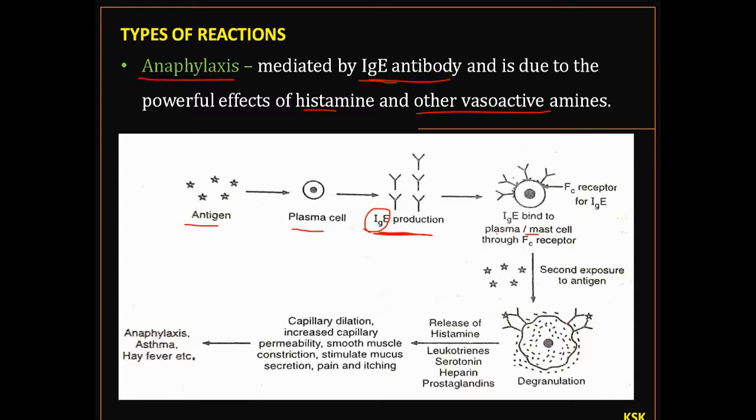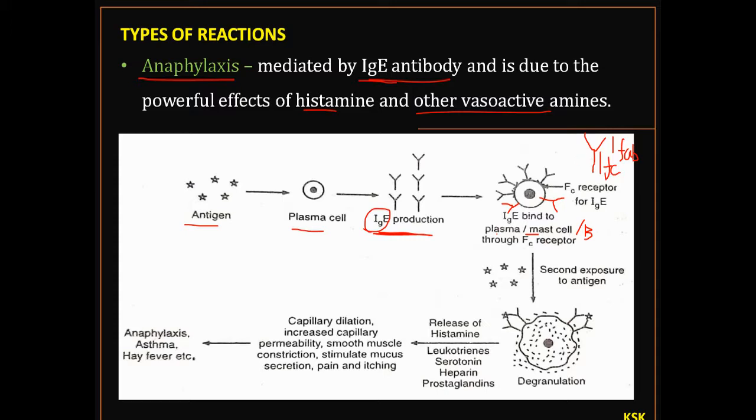How do they get attached? See, the antibodies attach here, like this, to the surface of the mast cell or the basophil cell. If you remember the structure of the immunoglobulin or antibody, the two arms are known as the FAB fragment, that means antigen binding fragment, and the lower fragment is known as the FC fragment.